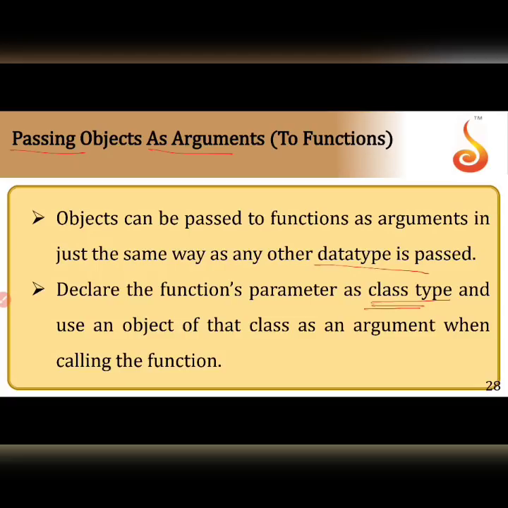Instead of int, float, char, you need to write the class name, the object of the class, right? If you are passing an object of class XYZ, then XYZ would be the type for the object. When calling the function, you should write the name of the object as an argument.